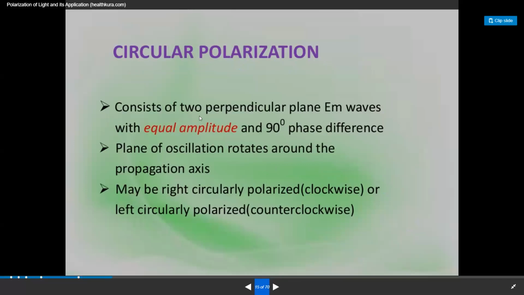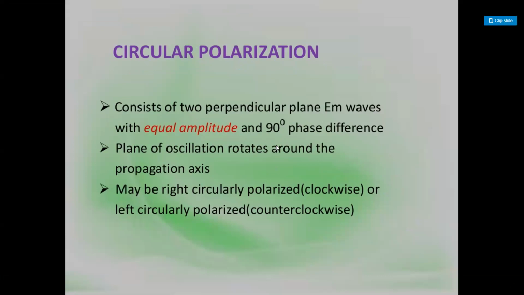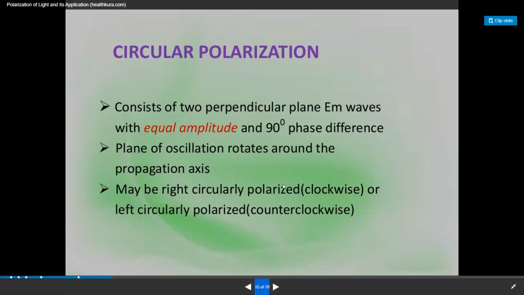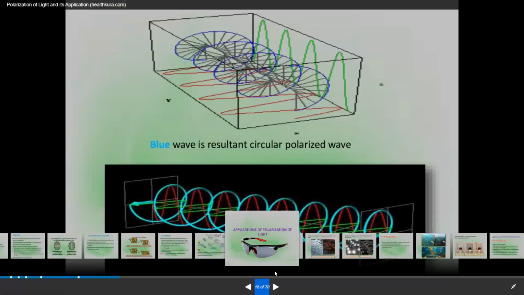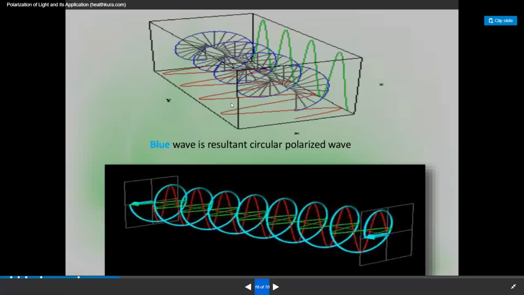By the superimposition of two plane polarized light waves which are equal in amplitude and have a phase difference of 90 degrees. That means when two such light waves are superimposed, we get circular polarized light.